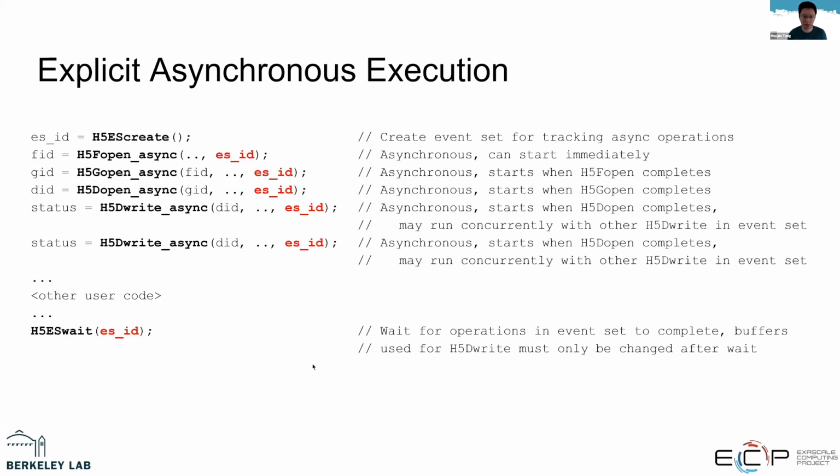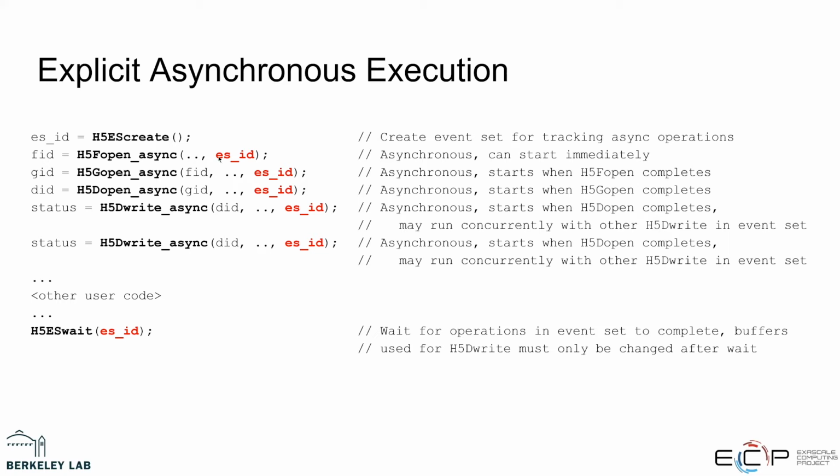The next is the explicit mode. In this explicit mode, we are managing the asynchronous tasks with the event set. The user first needs to create an event set ID with the new H5ES API, and then there are a bunch of new HDF5 APIs added with underscore async added to the end of the function name, and all the other parameters stay the same.